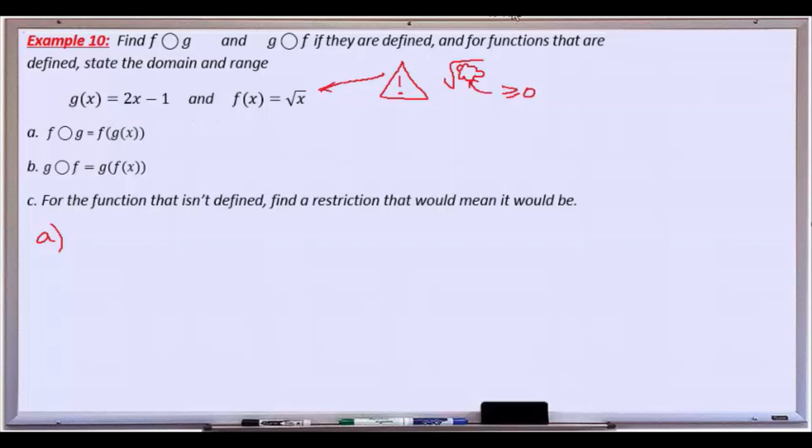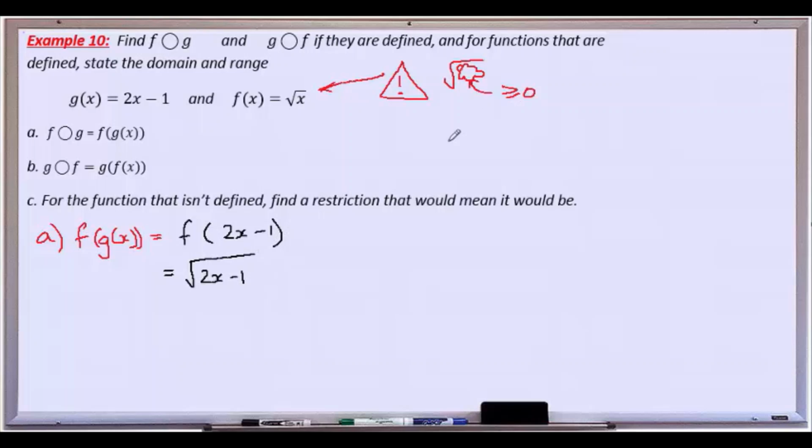Now, f of g of x, what that means is we need to ensure that we look at g of x first. So f of g of x will equal f of 2x minus 1, which equals, now we're going to substitute 2x minus 1 wherever we see x, root 2x minus 1.